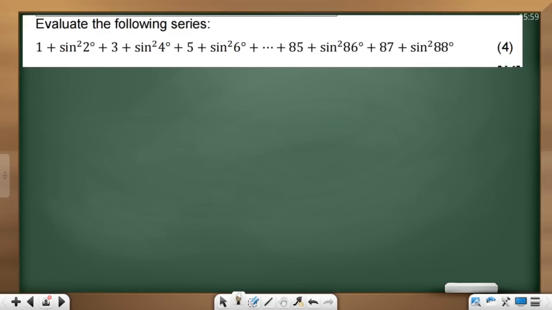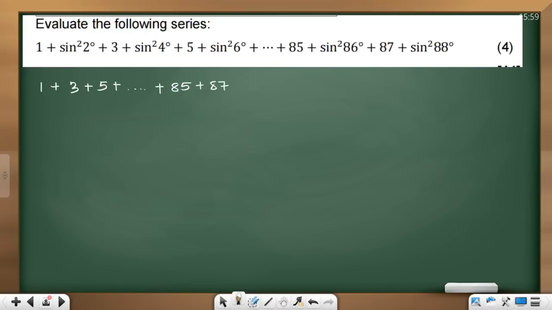What is this? Evaluate the following series. Okay, let's first study. 1 plus sine squared 2 plus 3 plus sine squared 4 plus 5, plus sine squared 6. I see that it's a sum of two patterns. I have 1 plus 3 plus 5 plus, and the examiner told me plus 85.